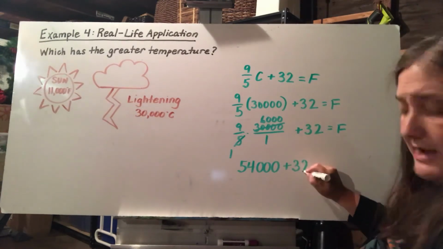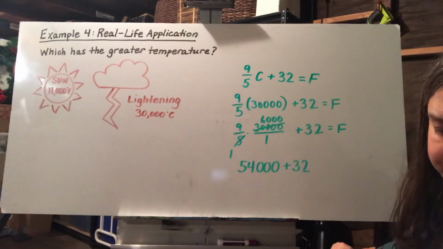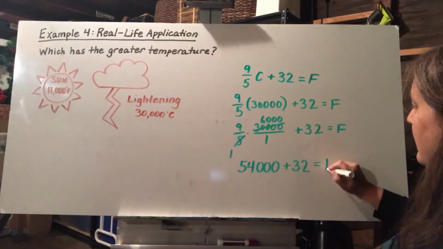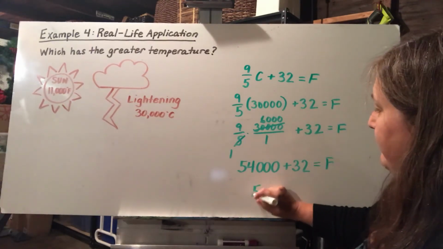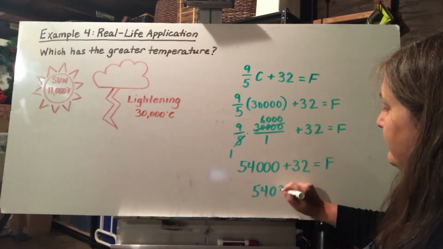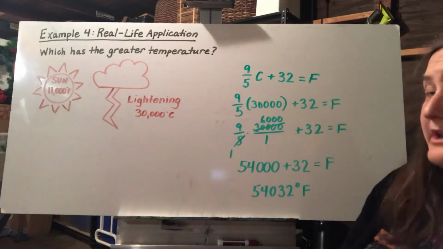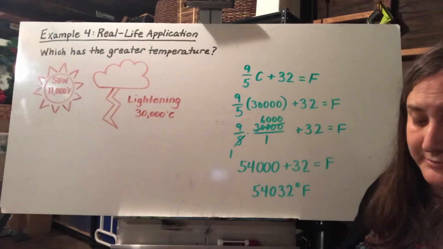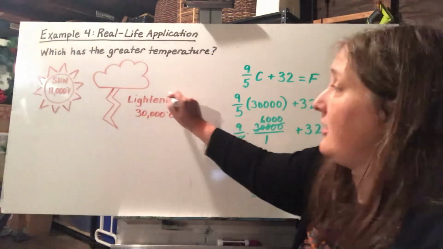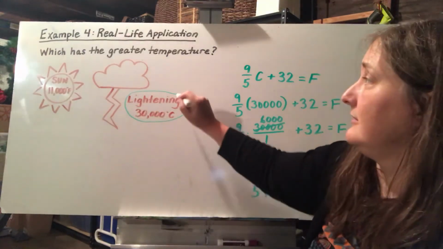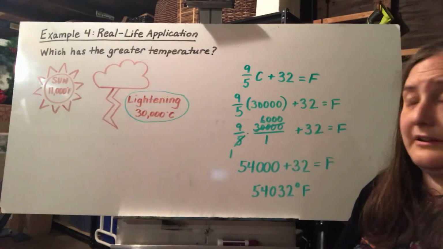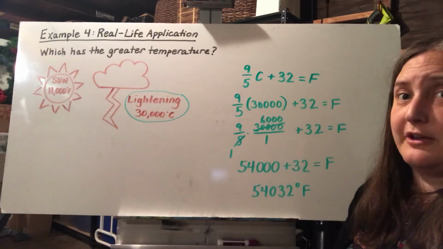Now I have to add my 32 here, and I get 54,032 degrees Fahrenheit for the lightning. So the one with the greater temperature is by far the lightning. Who knew that lightning had a greater temperature than the sun?